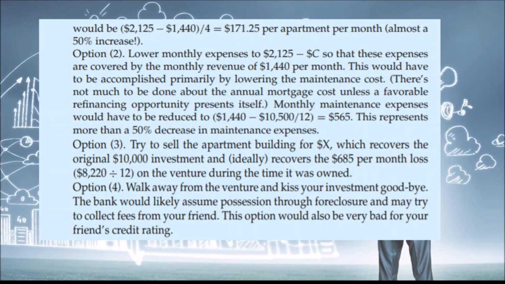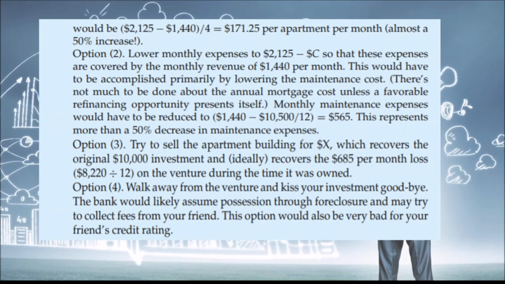Monthly maintenance expenses would have to be reduced to 1,440 minus 10,500 divided by 12, equal to $565. This represents more than a 50% decrease in the maintenance expenses.